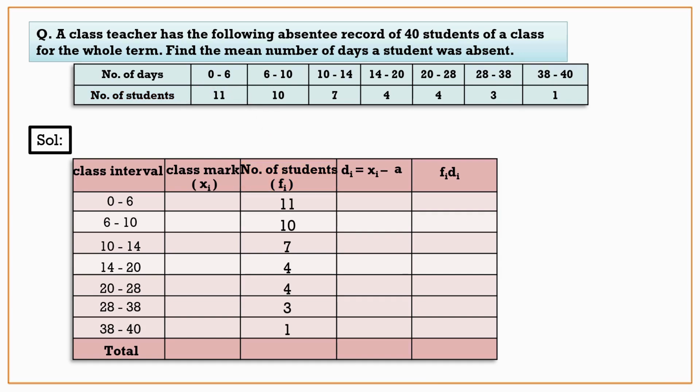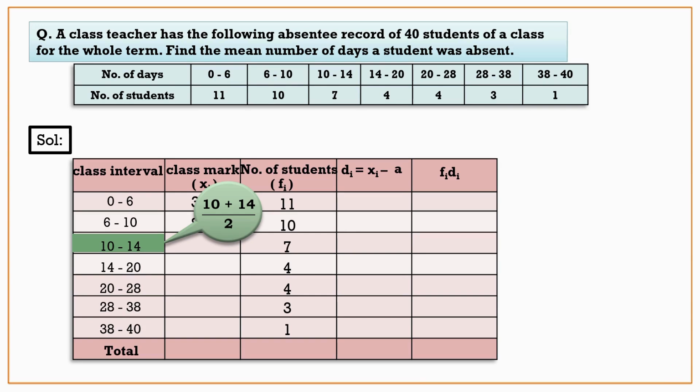Okay. Now we are going to calculate the class mark, that is 0 plus 6 by 2. Next, we can also do it by adding lower limit plus upper limit by 2, or we can also calculate the class width. But here one thing, let's take a look over here.